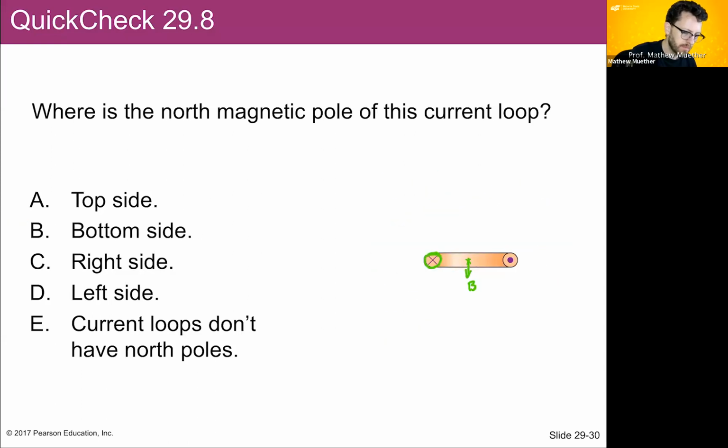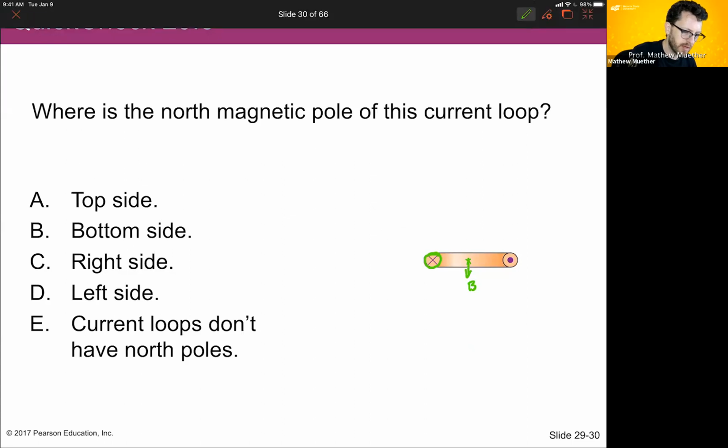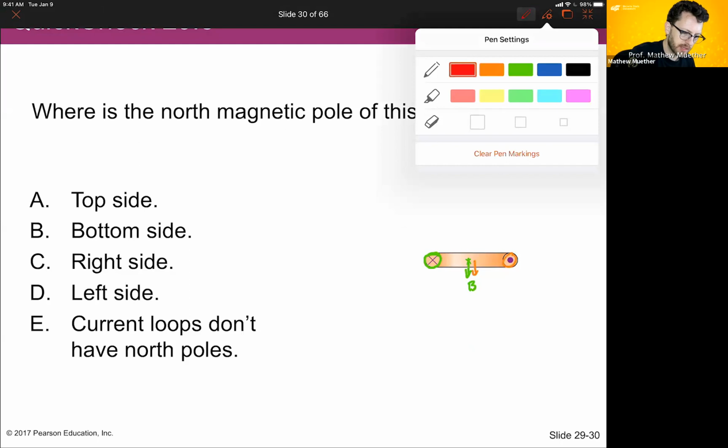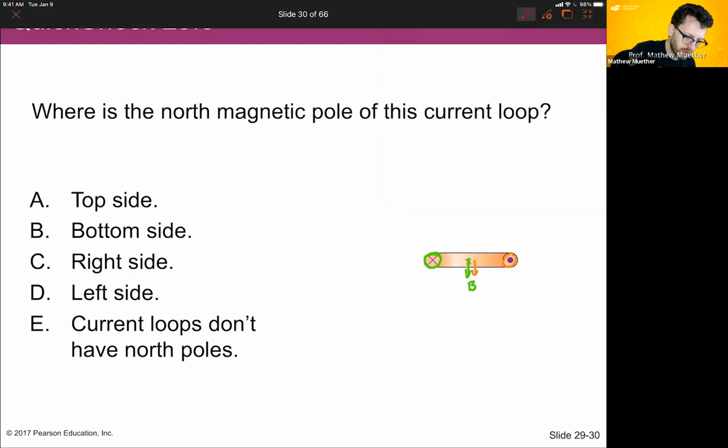What about for the other branch here? Well, now the current comes out, so I point my thumb coming out of the page, I loop my fingers around that current, and again, I find in the center that the magnetic field points down. Those two would sum together to give me the total magnetic field. So the magnetic field points down here.